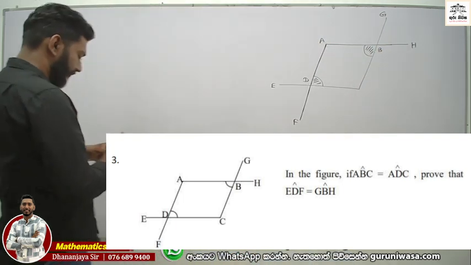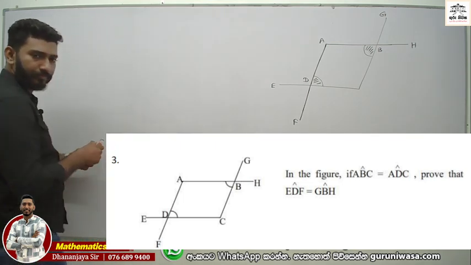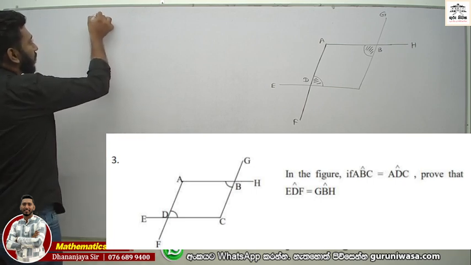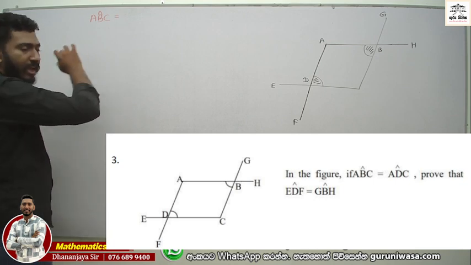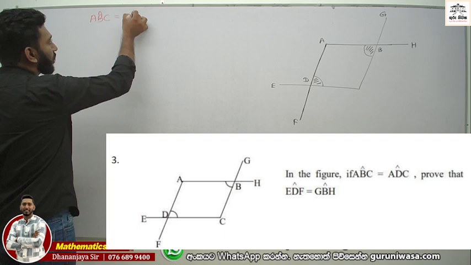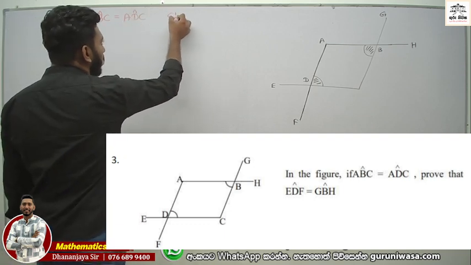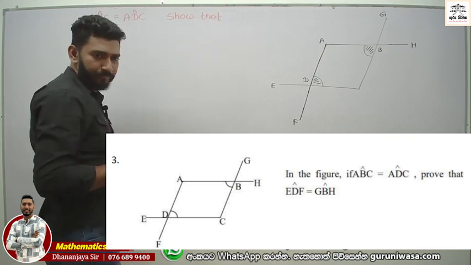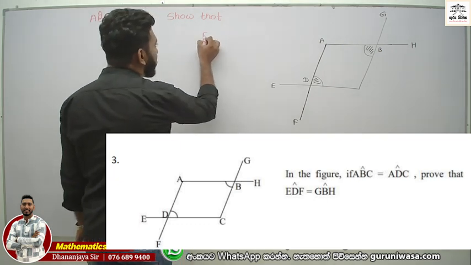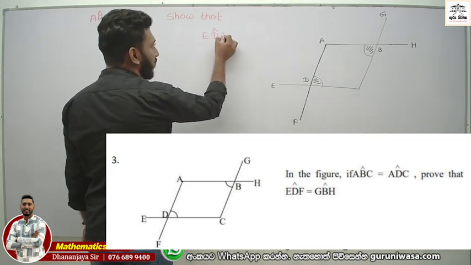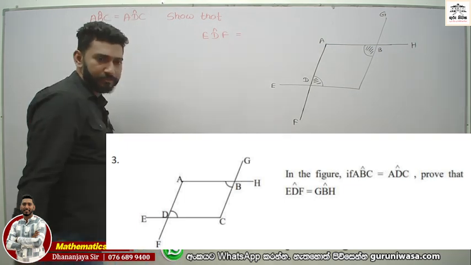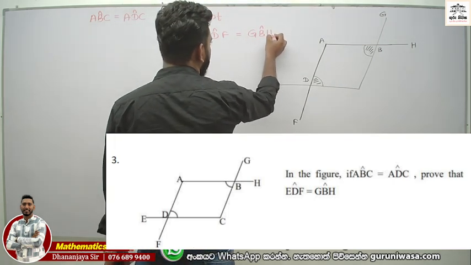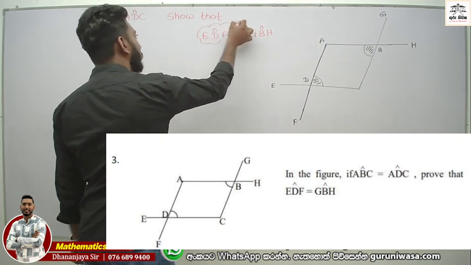Now show that angle ABC equals angle ADC. Show that angle EDF equals GBH. Angle GBH. This is the show that part.